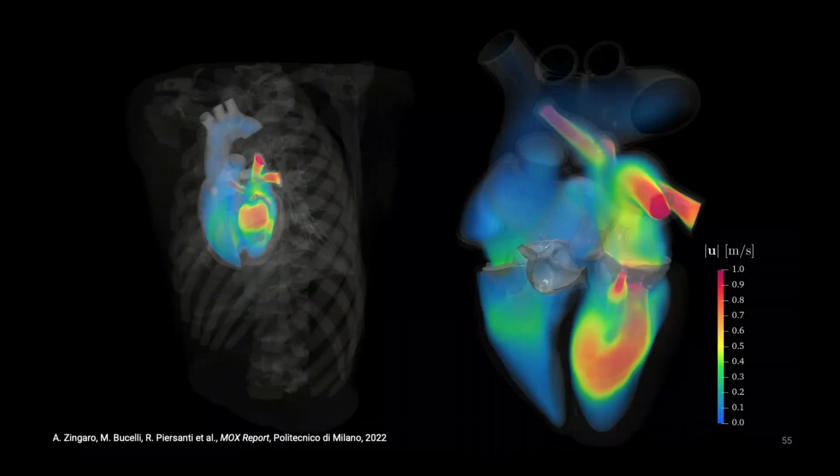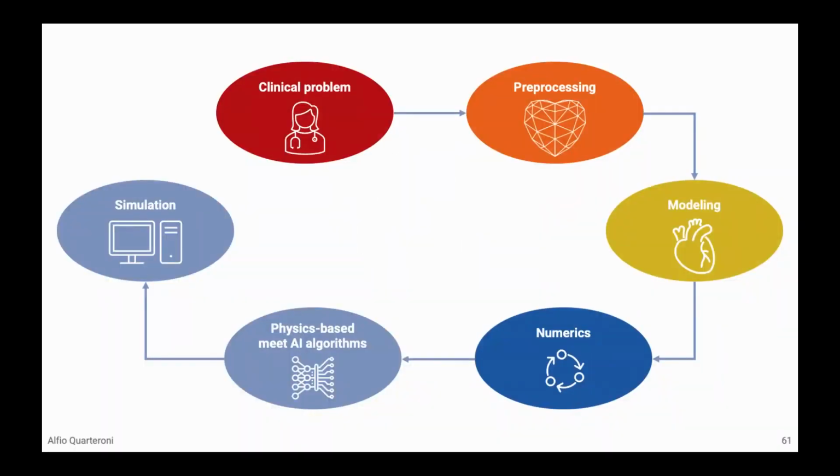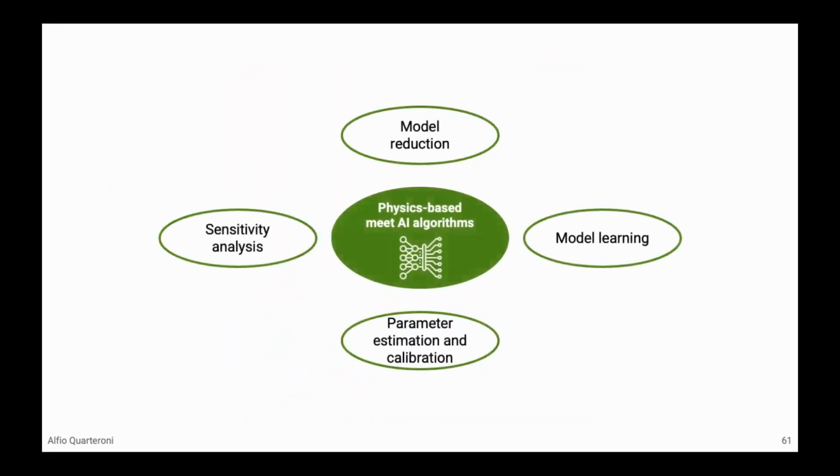I will not bother you with all these numbers, but this is what we have been doing. So far, all what you have seen is what can be called a physics-based model, right? All those models are based on understanding the physics, trying to reproduce it mathematically and solving it numerically. And now there's a newcomer, which is machine learning. Well, new for us because we're completely naive on that.